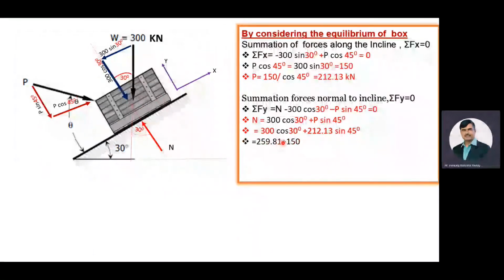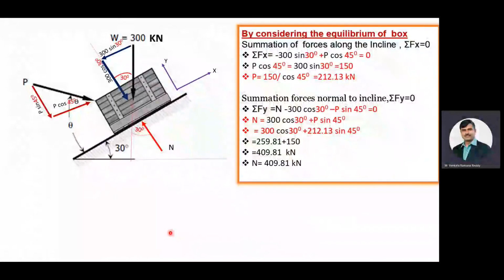After simplifying this, we will get 259.81 plus 150, which is equal to 409.81 kilonewton. That is, the normal pressure exerted by the incline onto the box is equal to 409.81 kilonewton.